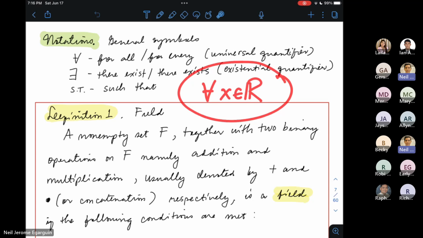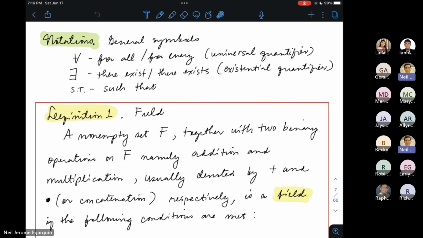Okay? And then the mirrored E naman, ito yung tinatawag natin na existential quantifier. We read this as there exists. So depende dun kung ilan yung sinasabi mo na nag-exist na member. All right? And then I use ST for such that. Other notation for such that ay ganito.